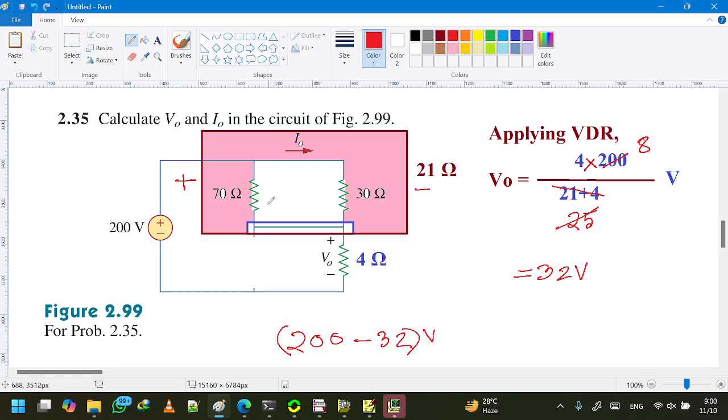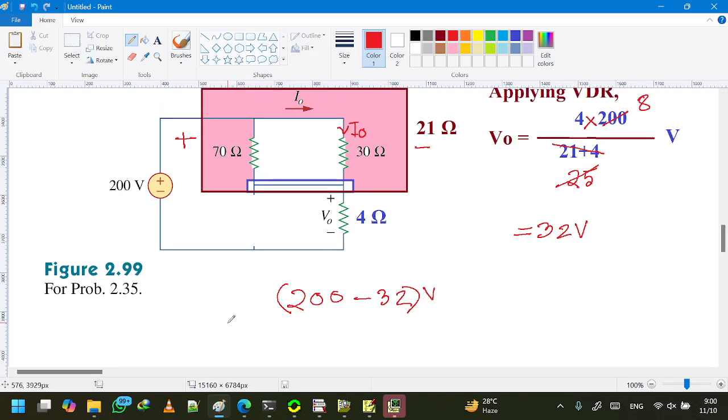And this voltage is applied across this 70 ohm and 30 ohm resistor, but the question asked us to calculate this current as I0. So I0 is the given voltage divided by the resistor through which the current is flowing.